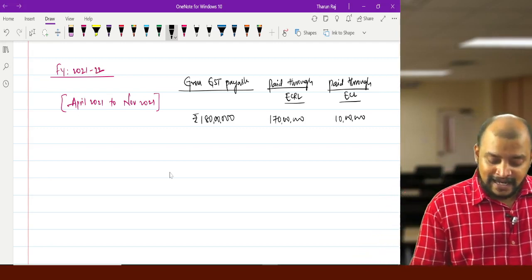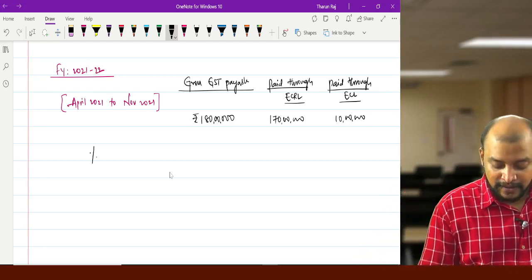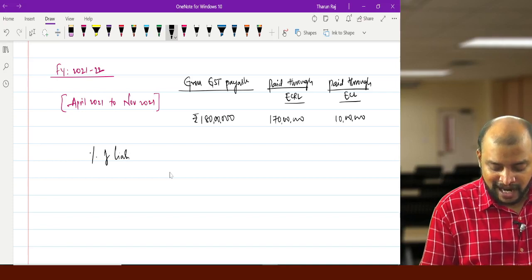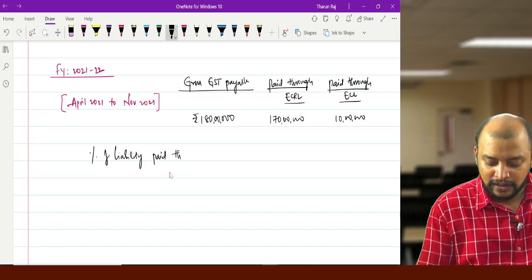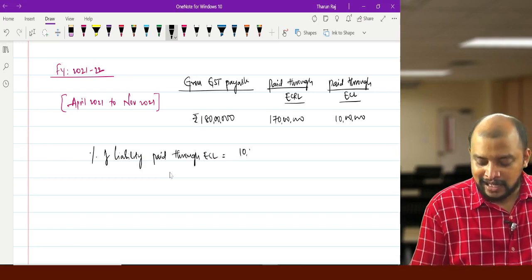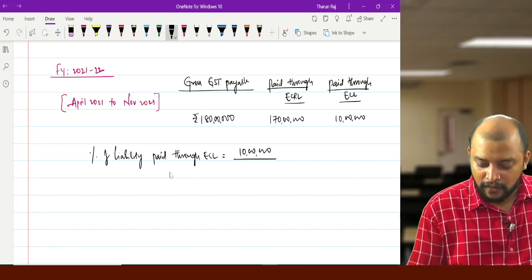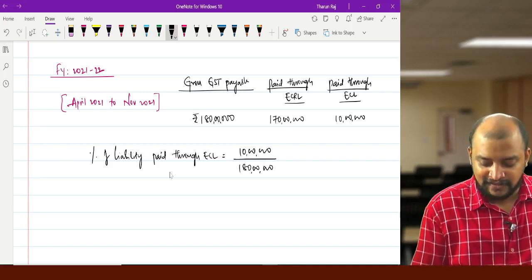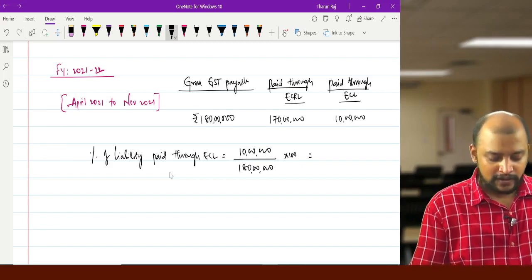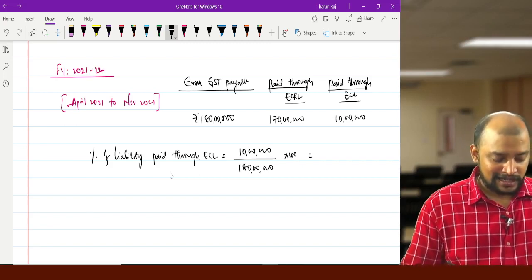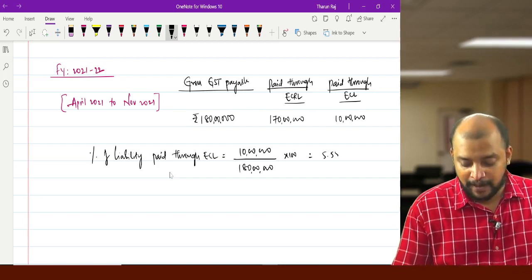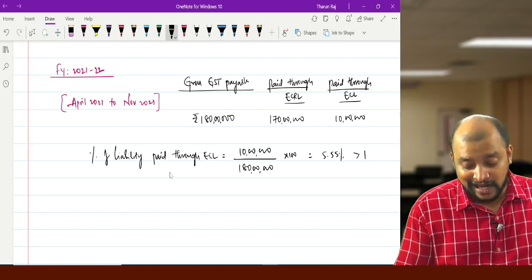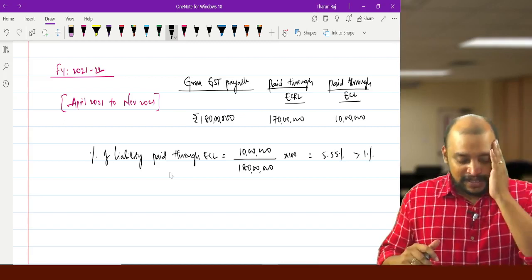Now, what is the percentage of liability paid through cash ledger? 10 lakhs divided by 180 lakhs into 100. So 10 divided by 180 into 100, that will be 5.55%, which is greater than 1%.